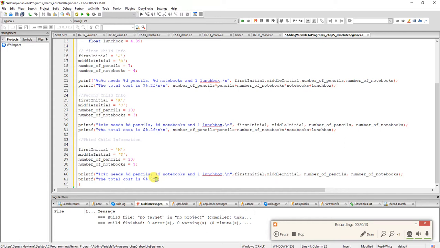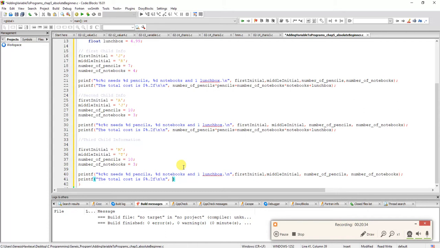And we're going to give it 2 new lines instead of 1. And we're going to give that percent f a value via calculation.